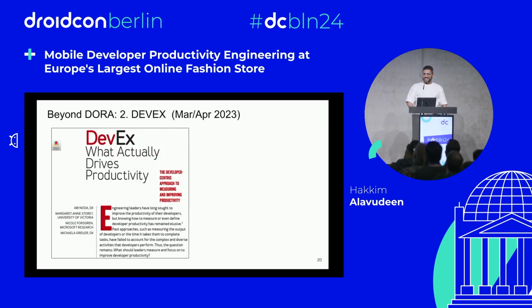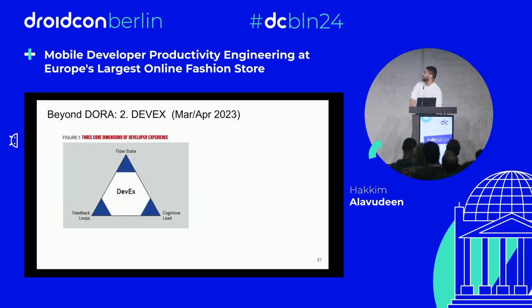But it didn't stop there. The researchers again released in 2023 another paper which claimed that actually, if you really want to improve developer productivity, you should be improving developer experience. And these are the three dimensions of DevX, as the model came to be known: flow state, cognitive load, and feedback loops.